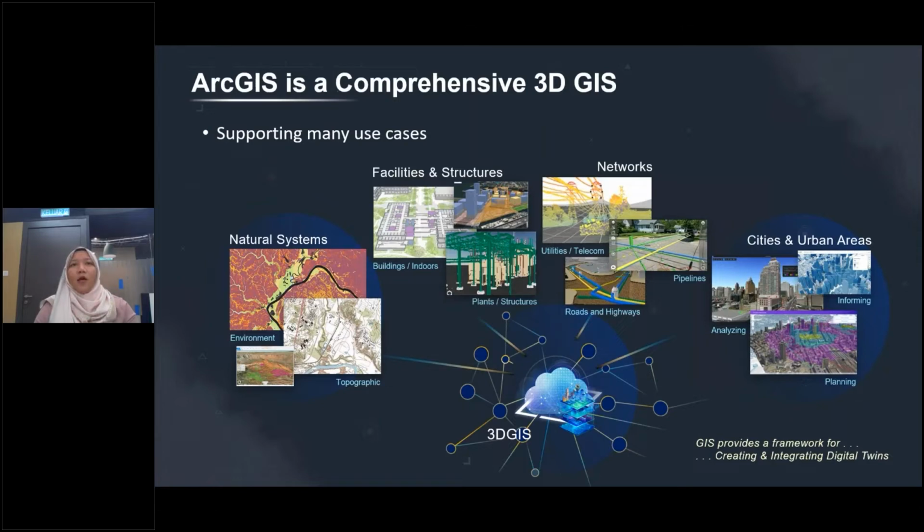And the most common trend nowadays is the smart city and urban areas, where we can create the smart city, including all of the factors related to it, using ArcGIS Pro. On top of that, you can do a lot of analysis, and the output itself you can share not only for yourself, but inside your organization or even for public use.